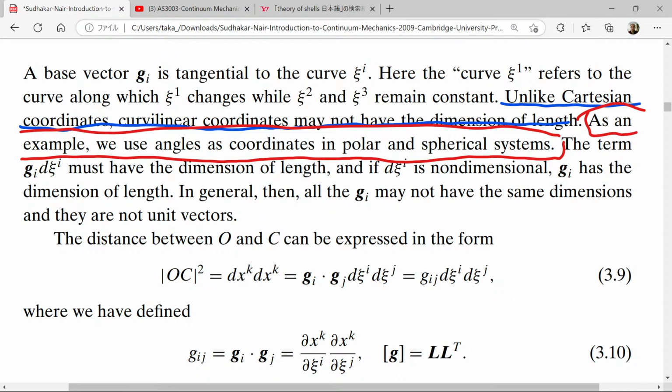The term g_i d xi_i must have the dimension of length, and if d xi_i is non-dimensional, g_i has the dimension of length. In general, then, all the g_i may not have the same dimensions and they are not unit vectors.